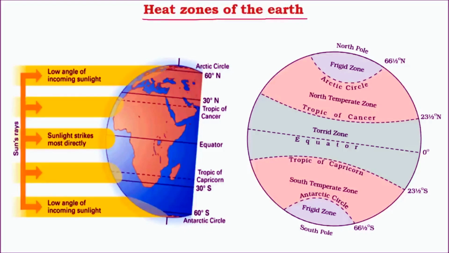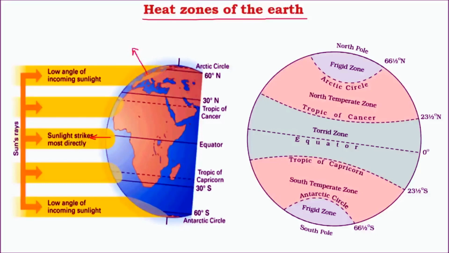Heat zones mainly depend on the amount of insolation, or the amount of sun's energy received at different latitudes. For example, the latitudes around the equator receive direct sunlight as the curvature here is directly facing towards the sun, and apparently the sun's rays look direct, whereas in this part the curvature is facing towards this direction.